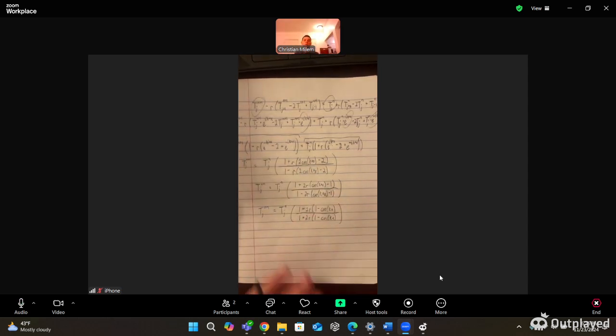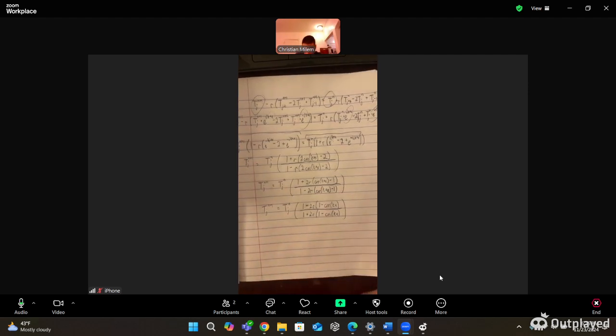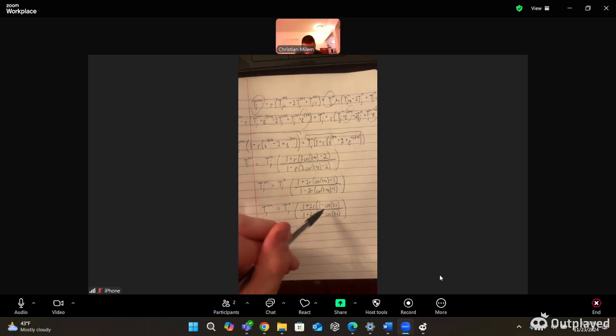Okay, so the entire reason why we did Crank-Nicolson was so we could have this. But if you look at this equation, 1 minus cosine of x will either be positive or it'll be 0.